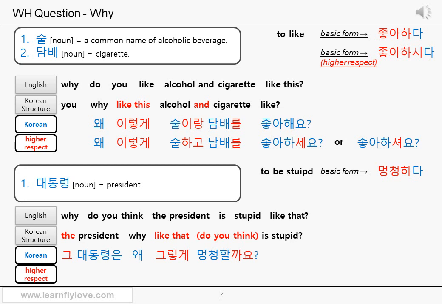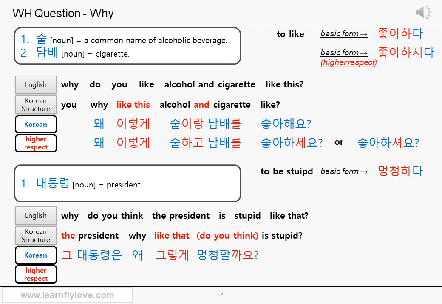No problem at all. Anyway, this time, the sentence structure is you, why, like this, alcohol and cigarette, like. Why, 왜, like this, 이렇게, alcohol, 술. 술 is a common name of all types of alcoholic beverage.